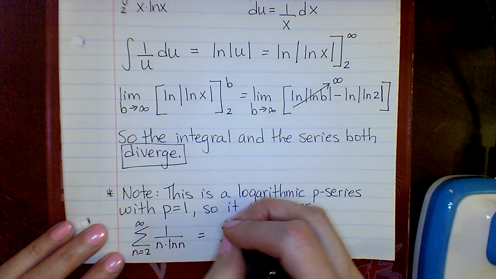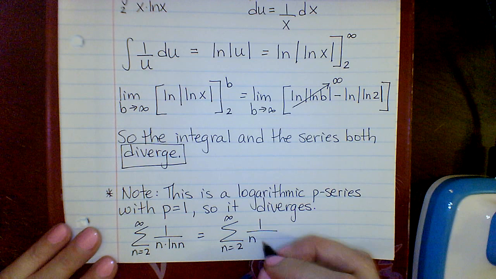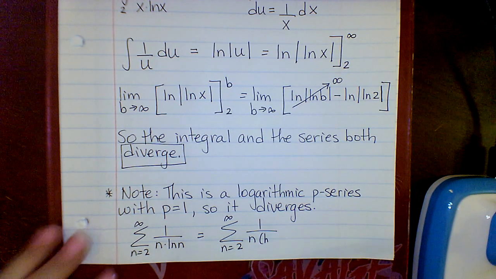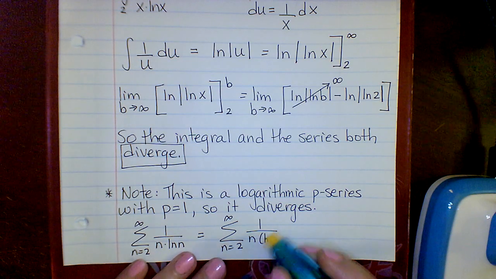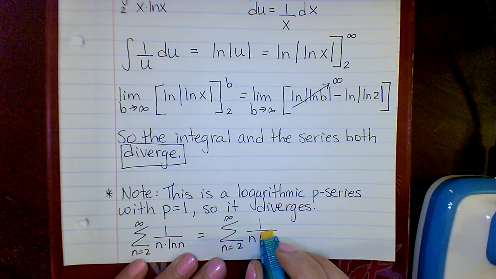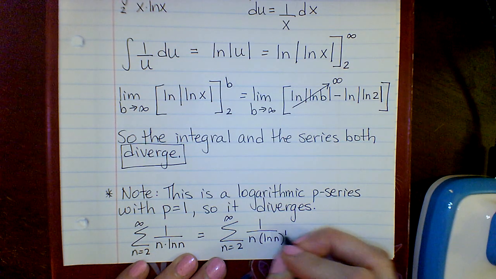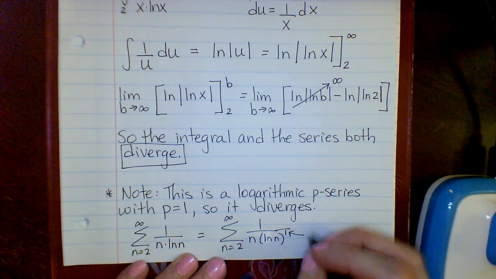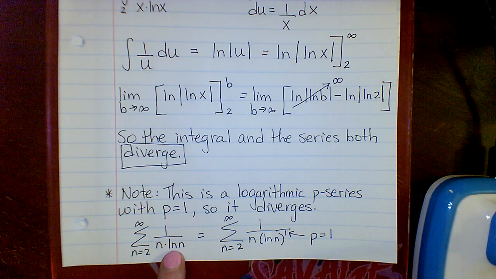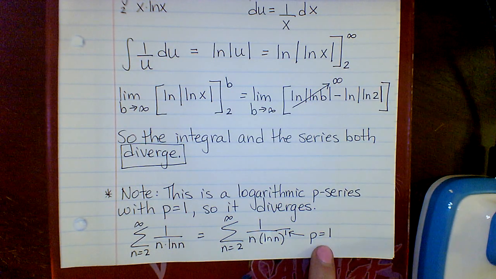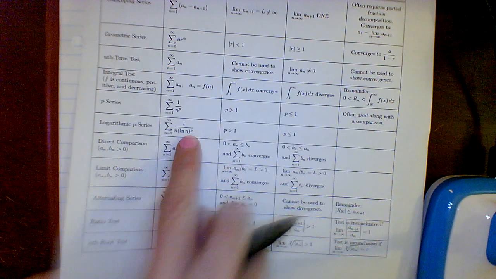If I want to match it up with that p-series type, that would be the natural log of n to the first power. Because there's no exponent on there, we know it's to the first power. So that's why p would be 1 for that logarithmic p-series.